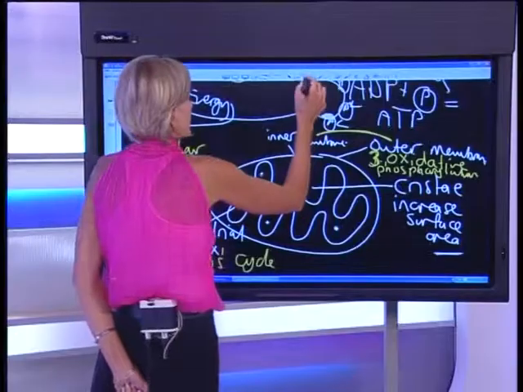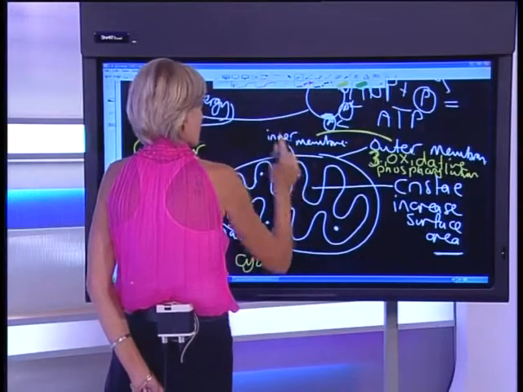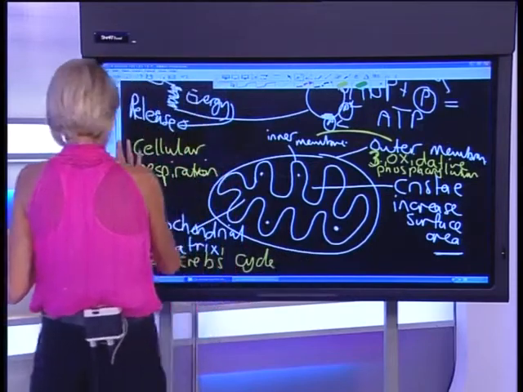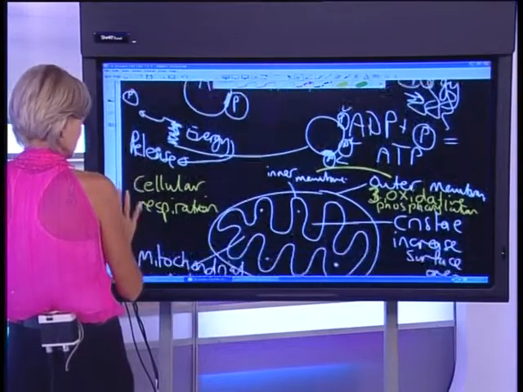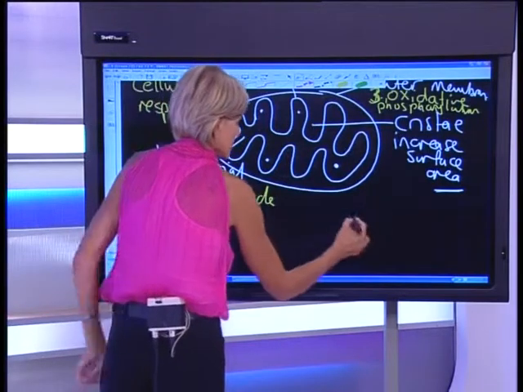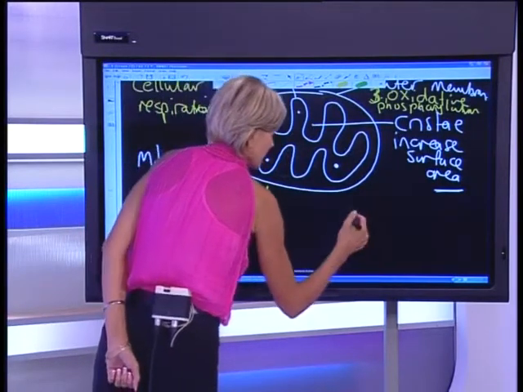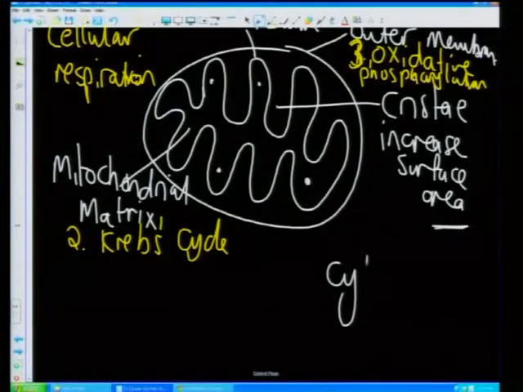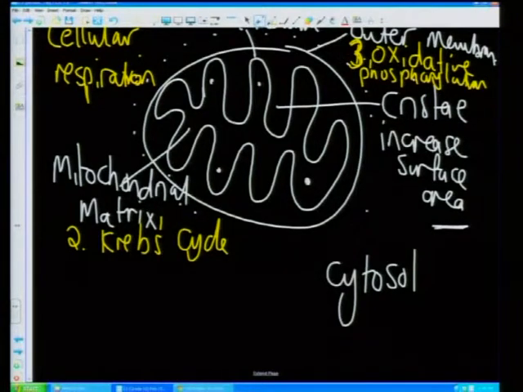And then phase 1, we have here in the cytoplasm. So instead of calling it the cytoplasm, we're going to call it the cytosol. In other words, it's the cytoplasmic solution that's all the way around the mitochondria. And that's where the first phase takes place.